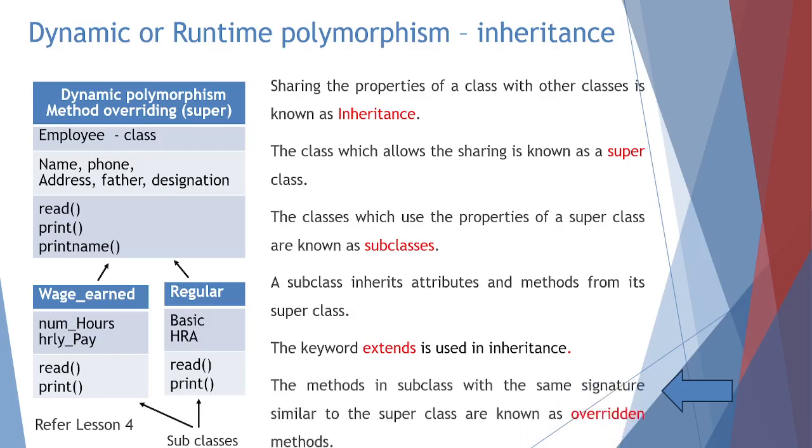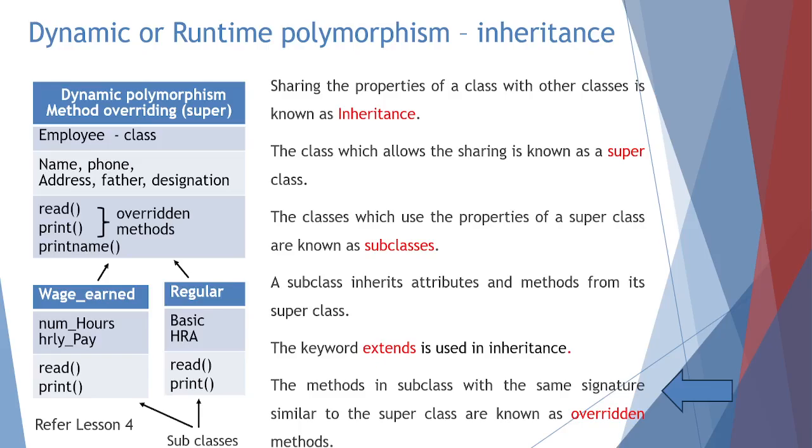Methods in subclass with the same signature similar to the superclass are known as overridden methods. Look at the employee class, superclass has two methods, read and print. These two are used in wage earned also, regular also. So the read and print methods are known as overridden methods because they are there in the subclasses.